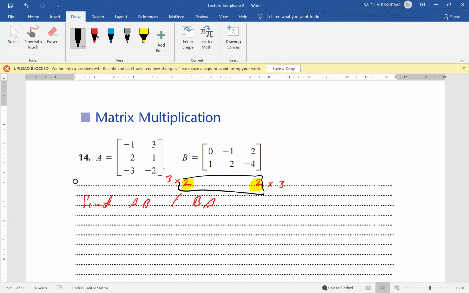We can multiply A times B, and the output will be a matrix of size 3 by 3. We take the first and last one. So the size of the result matrix will be 3 by 3. Let's find A times B first.